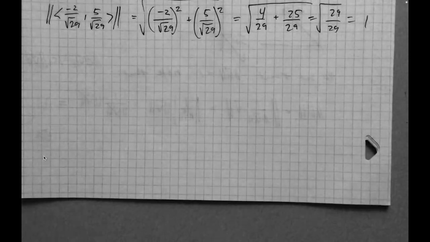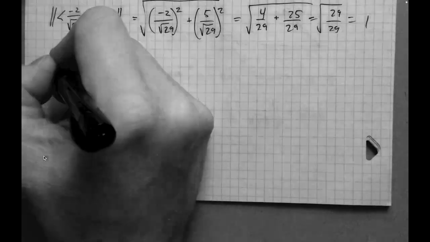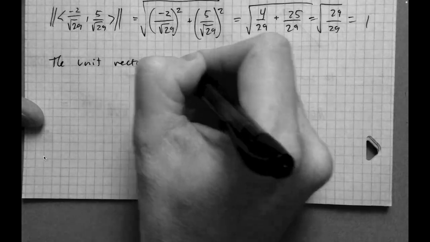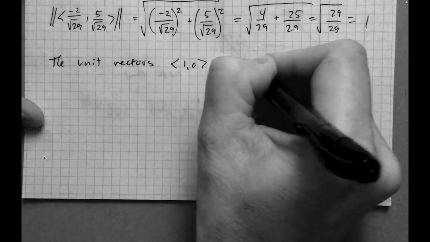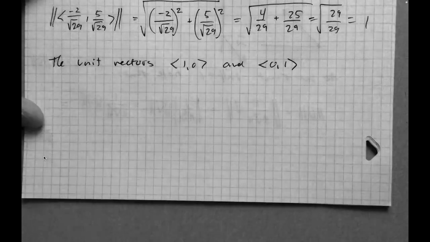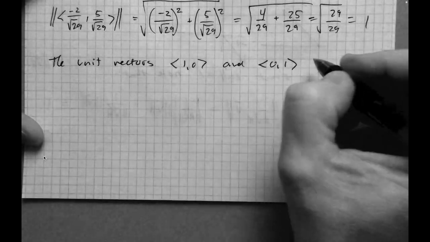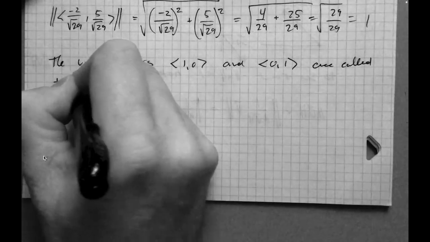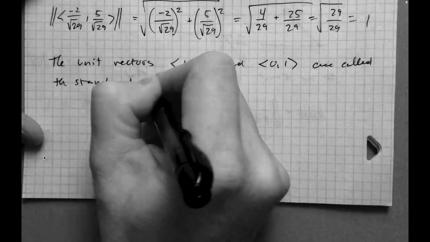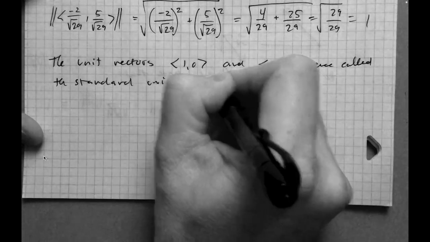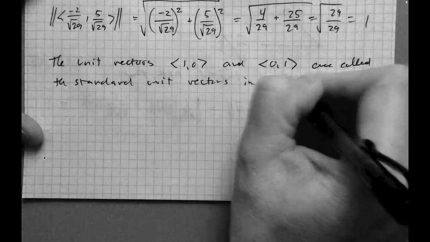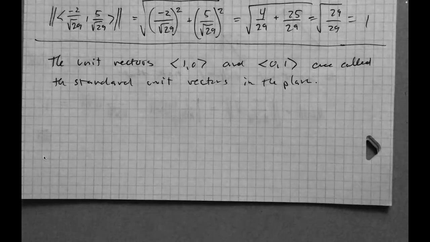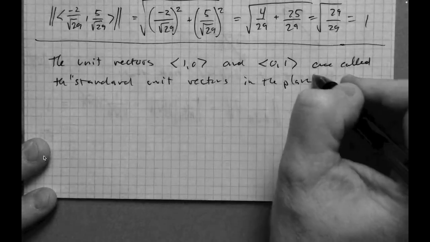So the standard unit vectors. The unit vectors 1, 0 and 0, 1 are called the standard unit vectors in the plane.